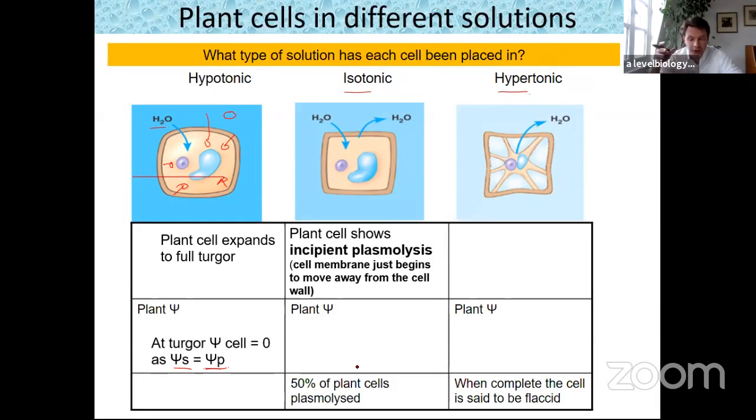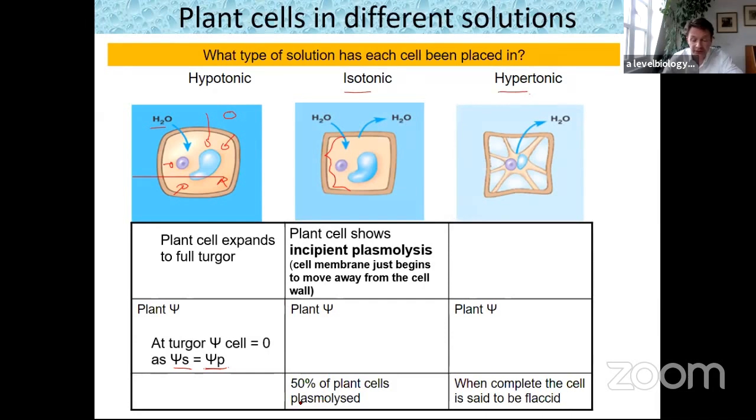So when you put them under a microscope and you look down and half the cells are plasmolysed, that is, the cell membrane is coming away from the cell wall, and half the cells are not, then at that point, the water potential of the solution that you're putting the cells into is the same as the average plant cell. So at that point, it's in an isotonic solution.